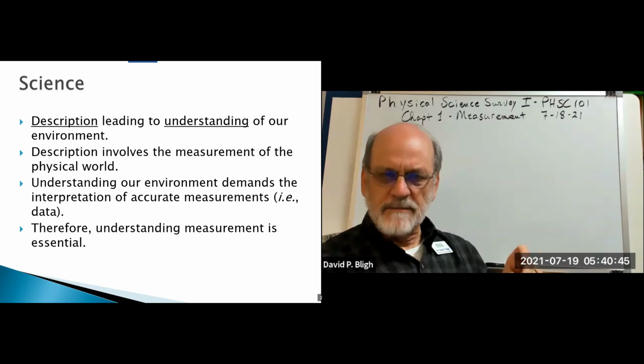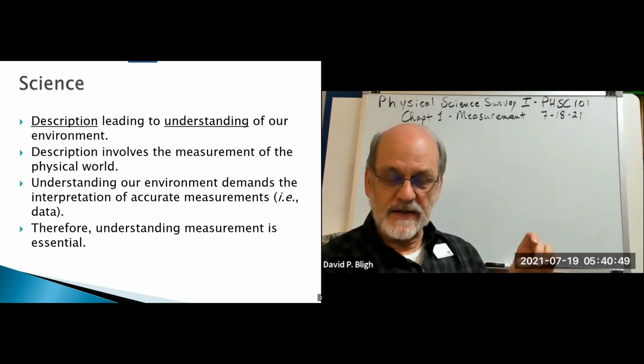First, before we talk about measurement, we need to get a clear understanding of what we mean by science. In the popular literature and in the news media and popular culture, science is a term that's thrown around as if everybody knows what it is. And for the popular culture and for the mainstream media, science means whatever they want it to mean.